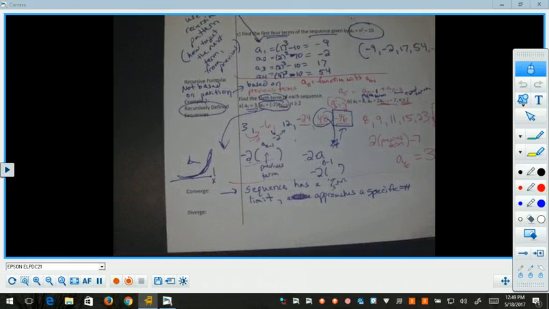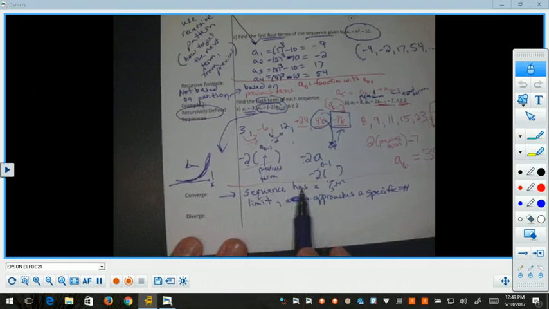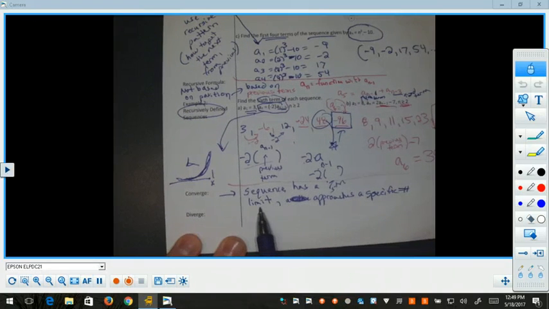We're not looking at graphs of rational functions, but we are looking at things that could have explicit rules. But we're going to be looking at these patterns and deciding, do they have a limit? Are those numbers getting closer to something? Are they going to converge on a number, or approach a specific number?